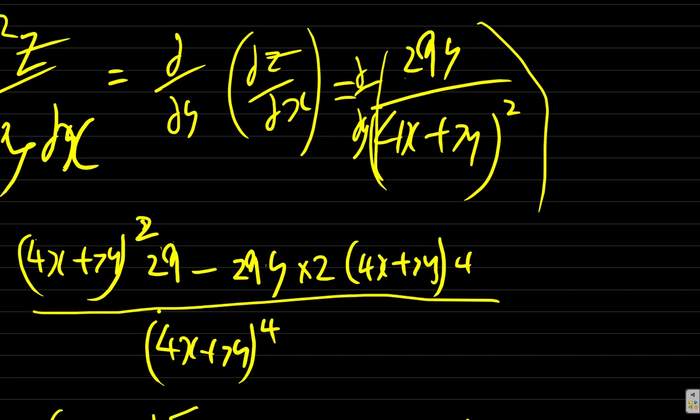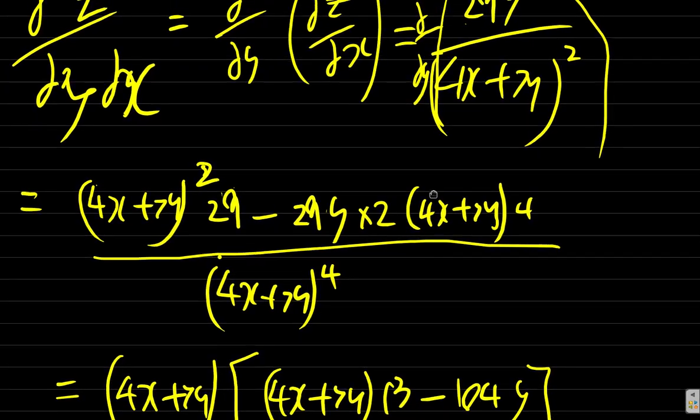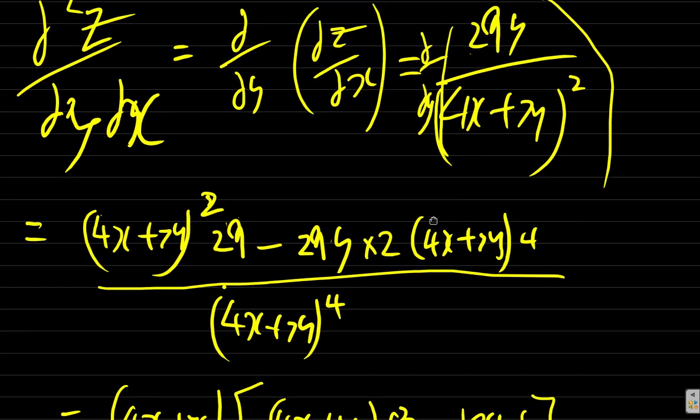So when we differentiate the bottom, we have 2 times (4x + 7y) times, we're differentiating with respect to y, but look here, it's not x we're differentiating with respect to, it's y. So this is also another mistake, this should be 7, not 4.